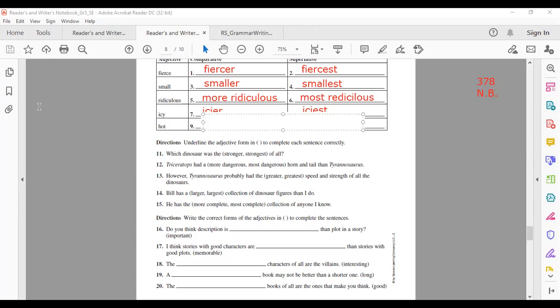This cup is... what should I add? Help her. More hot? Miss, I know. Is it a short word or a big word? Hot. Is it a big word or small word? What do you think? Small. So we said that the small word, they will take hotter. Excellent job. So hotter. Amazing. Again, I want to make it superlative. What should I add?